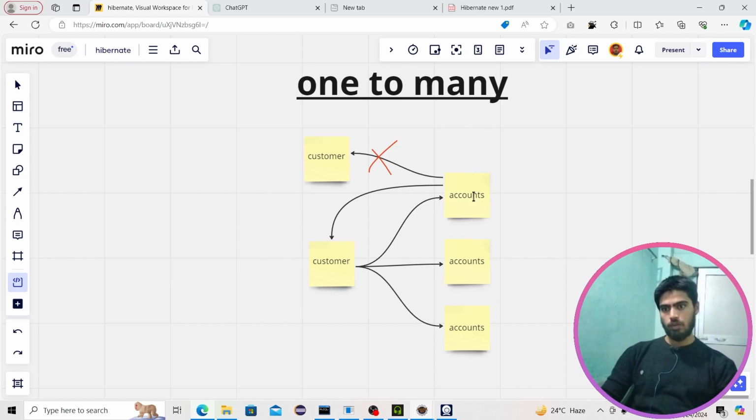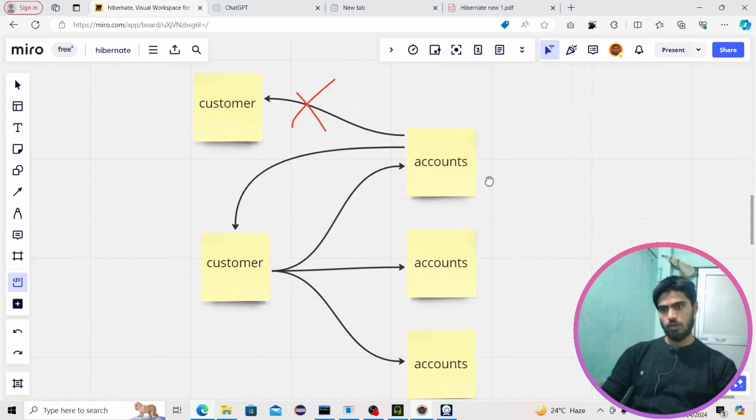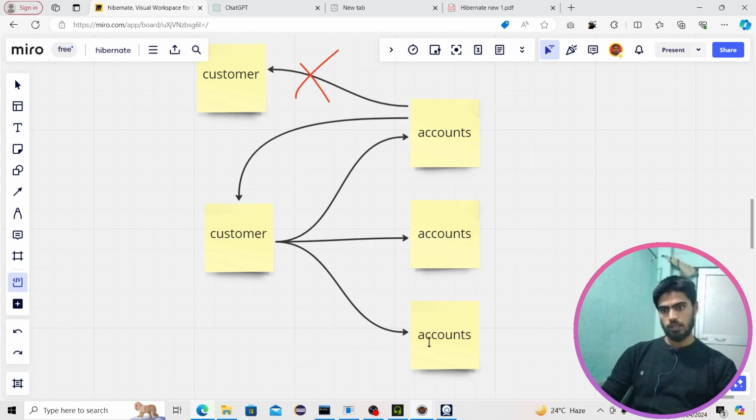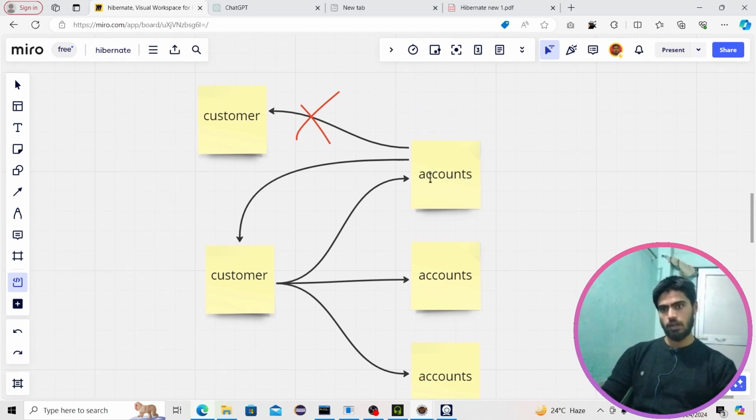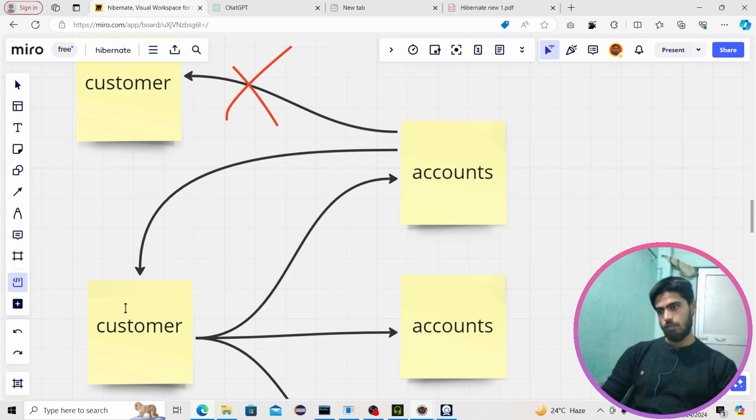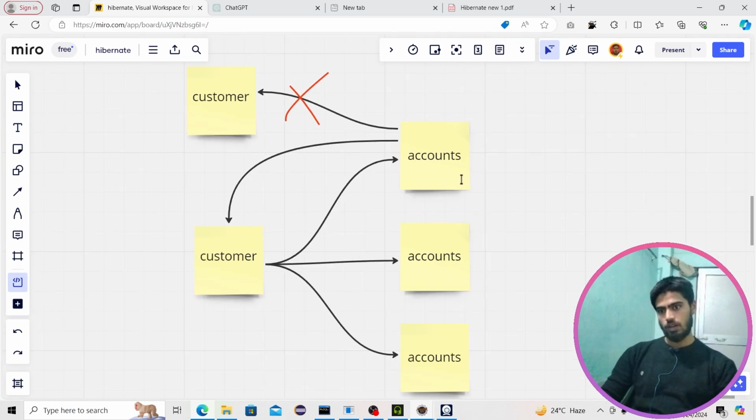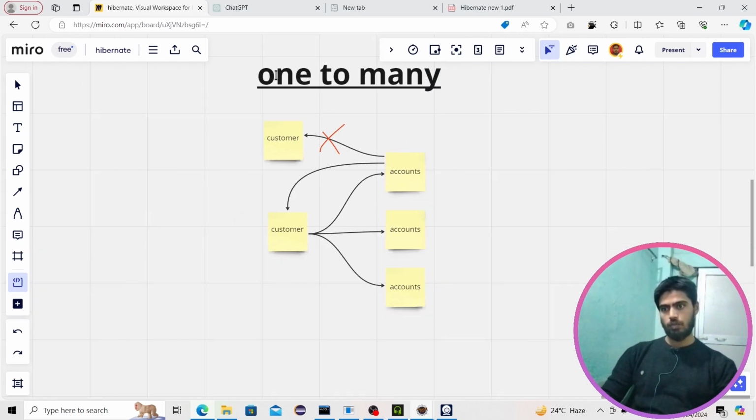But if you go from the opposite side, multiple accounts always belong to one customer, not multiple customers. One account belongs to one customer, not multiple customers, and all these accounts also belong to the same customer, which means one-to-many mapping.